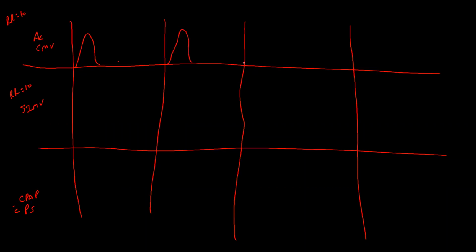It says, okay, you can have 10 breaths per minute, which means that I need to give you a breath every 6 seconds. Guess what? It's the exact same thing with SIMV. They're both on the same rate. You're going to have a machine-driven breath every 6 seconds in this situation.